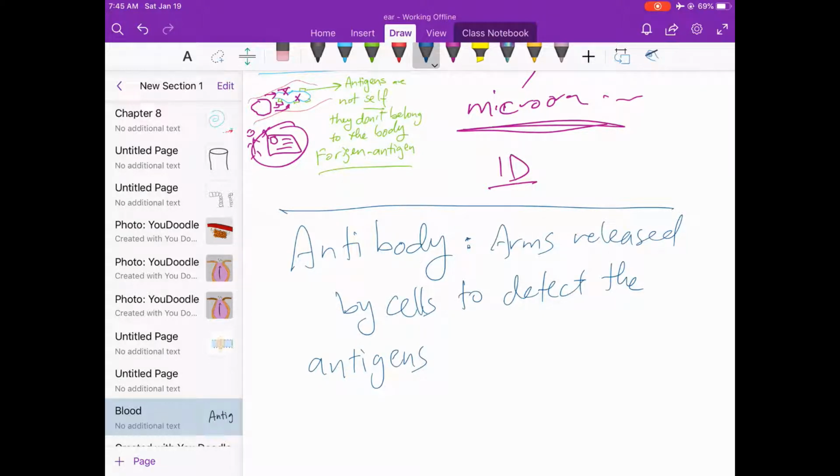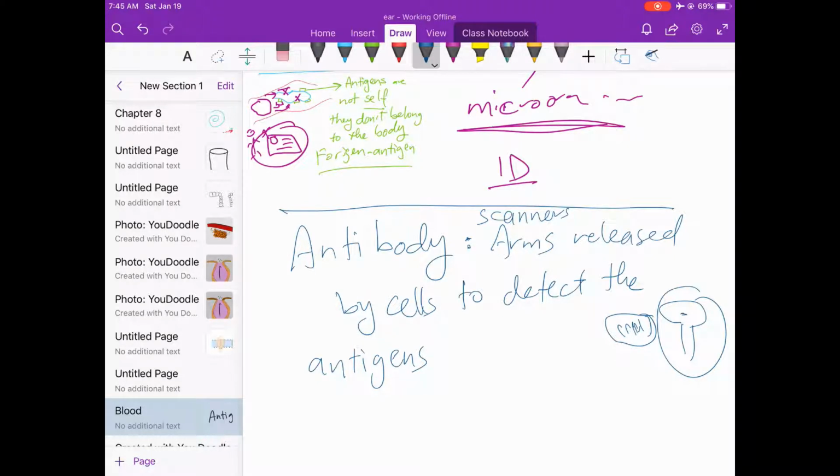Arms, you can say scanners. You know, when you go to Walmart, for example, to buy something, they have these tools to scan the barcodes, right? So these are the antibodies.